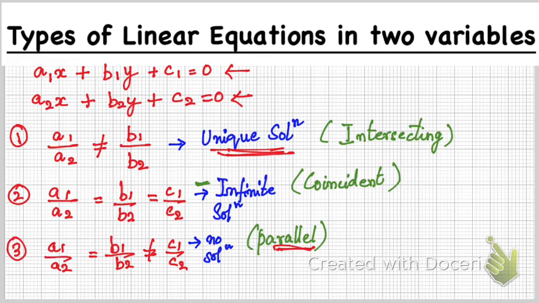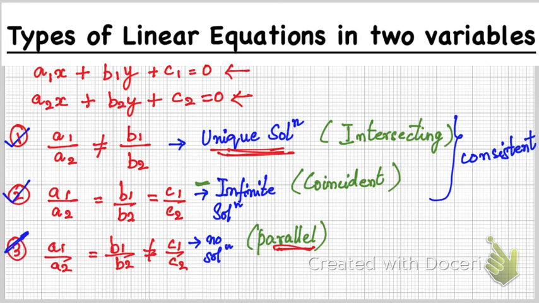You are not going to get any solution. In case 1 you get one solution and in case 2 you get n number of solutions. So these two are consistent pairs of linear equations.